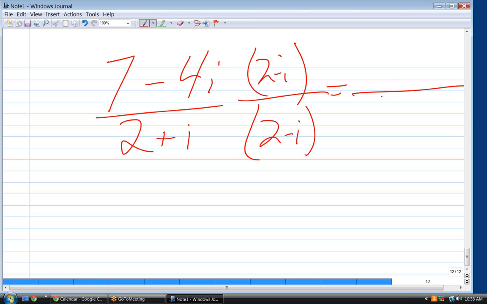So you get 4 minus i squared on the bottom, and 14, and so you get 13i minus 13i.